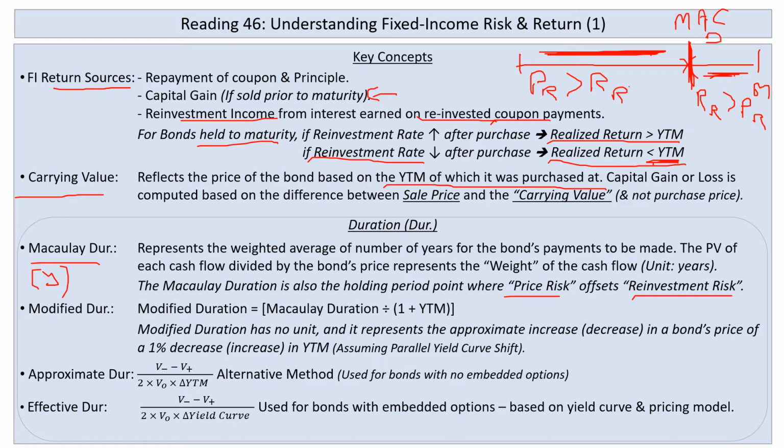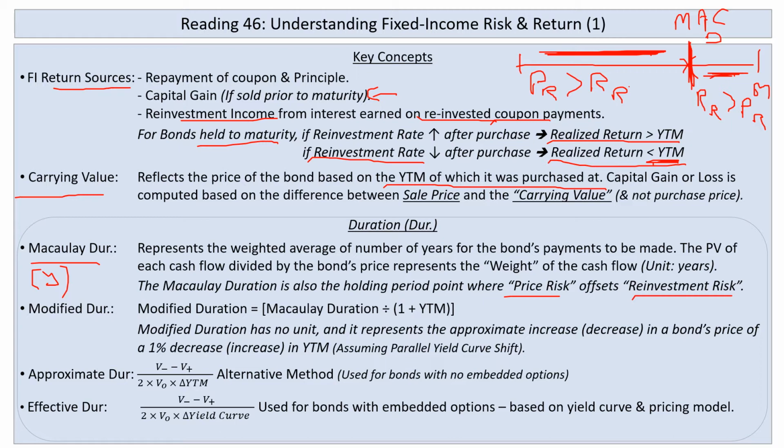The same being said, at that Macaulay duration point, if YTM increases, the bond's price would decrease too, however, that decrease will be compensated by the increase in reinvestment income. So at the Macaulay duration point, price risk offsets reinvestment risk. Everything before that point, price risk is higher than reinvestment risk, and everything after that point, reinvestment risk is higher than price risk.